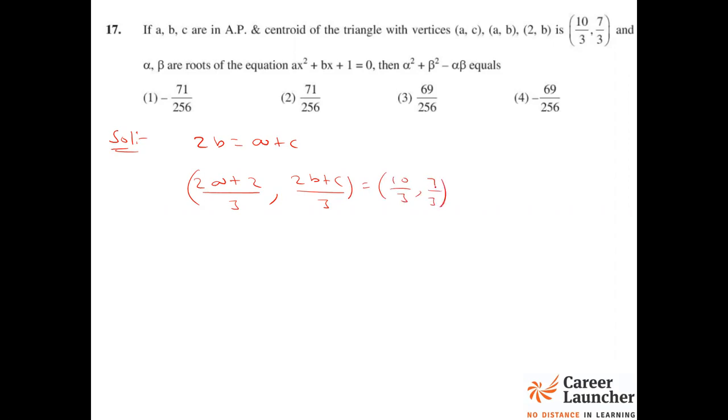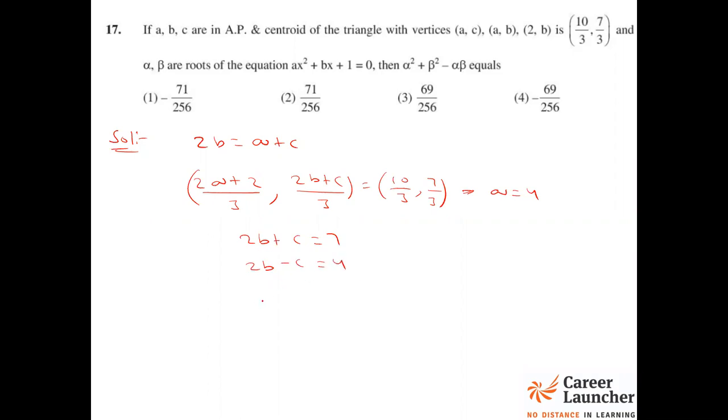Now comparing the coordinates, we get 2a plus 2 is equal to 10. So we get a is equal to 4, and 2b plus c is equal to 7. Now substituting a is equal to 4, we get 2b minus c is equal to 4.